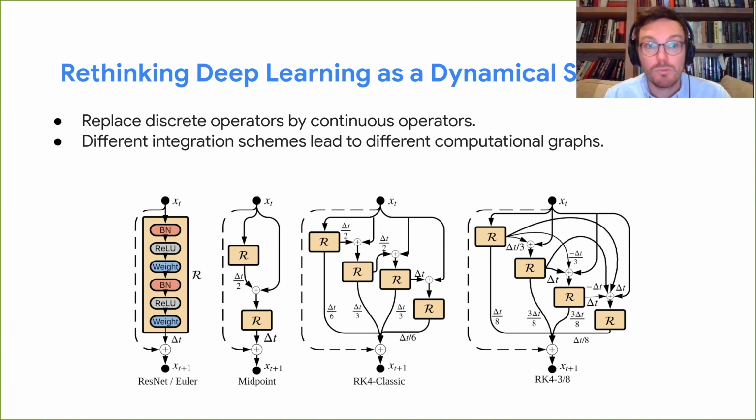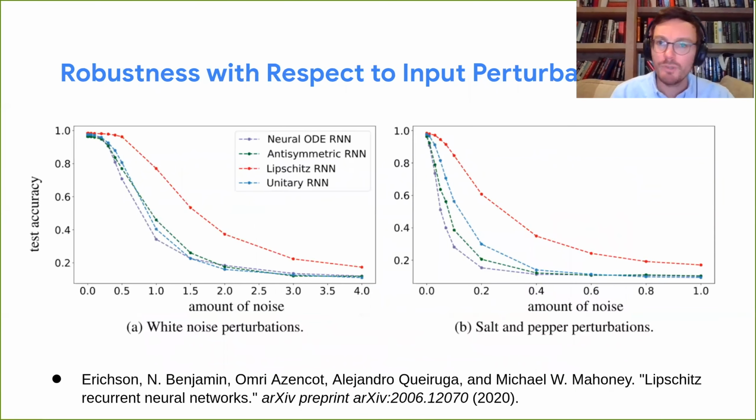And then we can also use higher order integration schemes that lead to different computational graphs and that might have nicer stability properties. To give you a flavor of the advantage of this approach, I show you here different state-of-the-art recurrent neural networks.